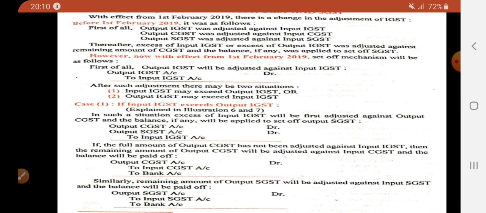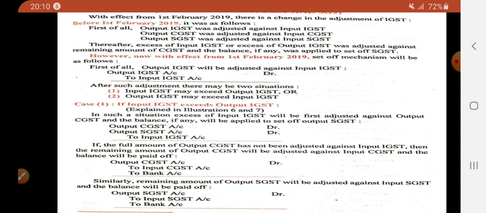So whatever remaining is left, we will adjust. If input IGST exceeds output IGST, in such a situation, the excess of input IGST will be first adjusted against output CGST, and the balance, if any, will be set off against output SGST.